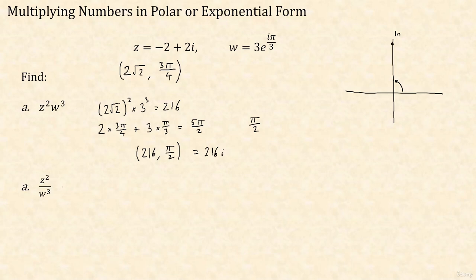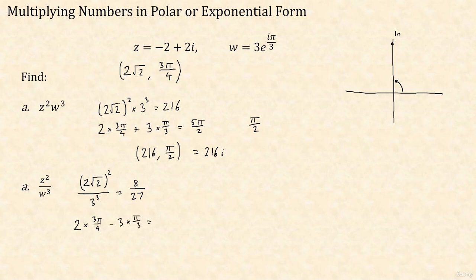What about this? Well, our modulus here is going to be 2 root 2 squared divided by 3 cubed. So in this case, that's just 8 over 27. And our argument, we're going to subtract now. So 2 times 3 pi over 4 minus 3 times pi over 3.